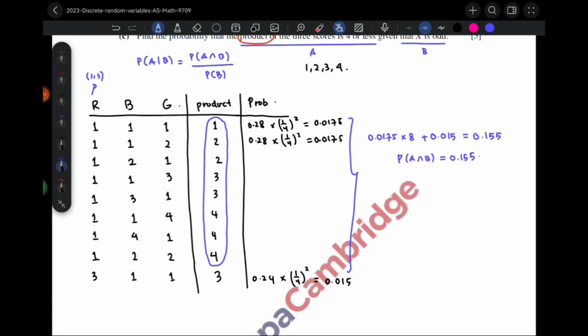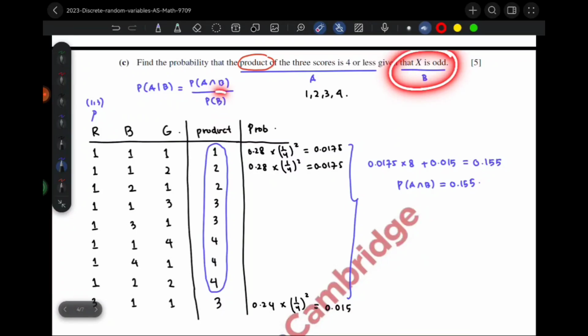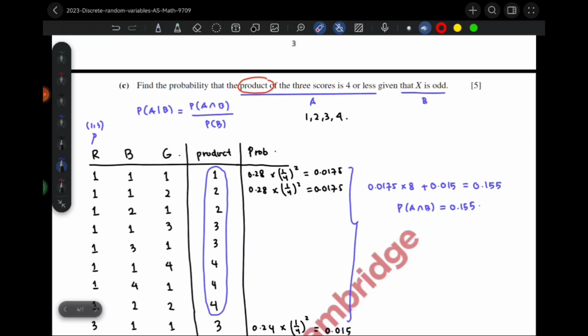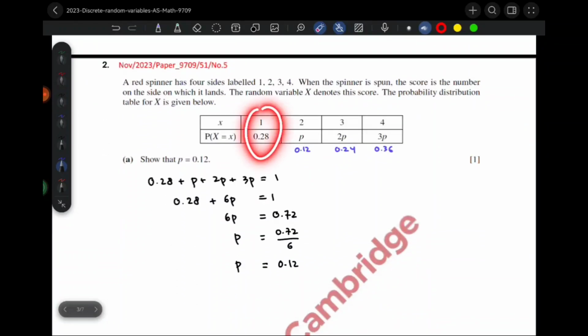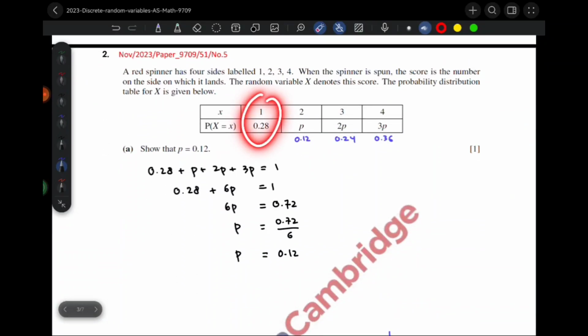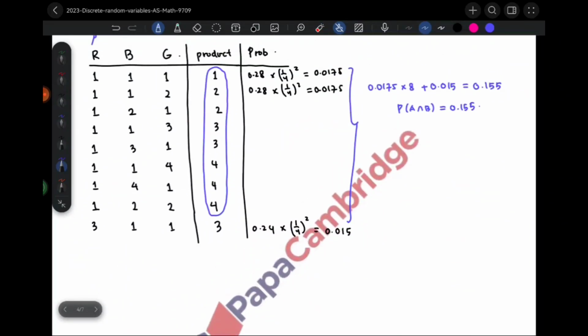Okay, and then we are still left with the probability of B, which is the probability that X is odd. The probability X is odd is just the sum of 0.28 and 0.24. So the probability of B equals X equals 1 plus X equals 3, that means 0.28 plus 0.24, so the probability is 0.52.